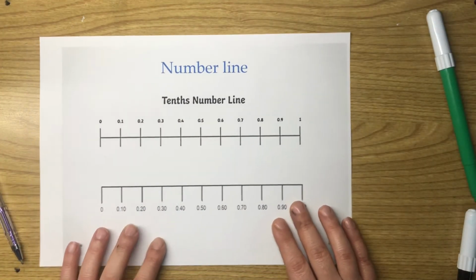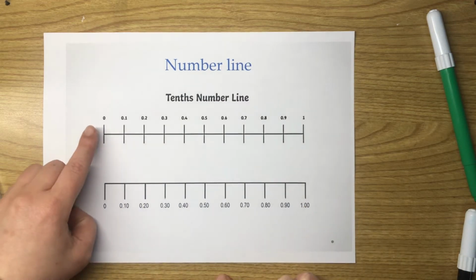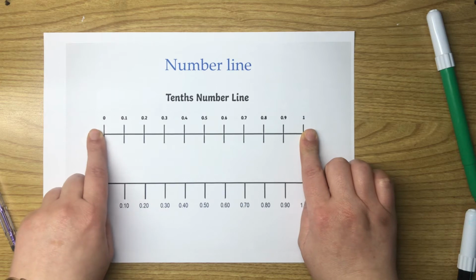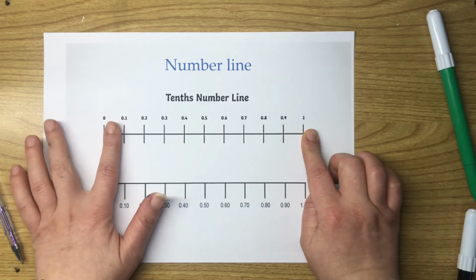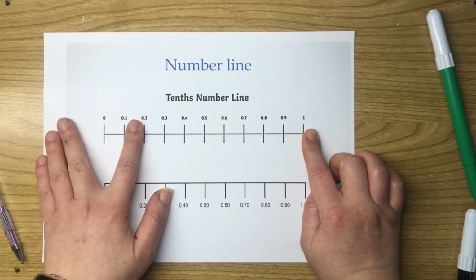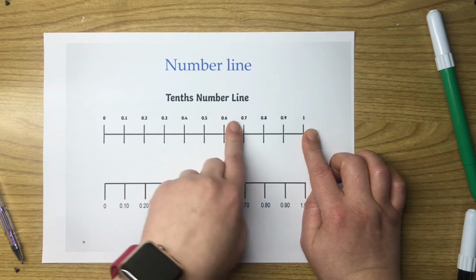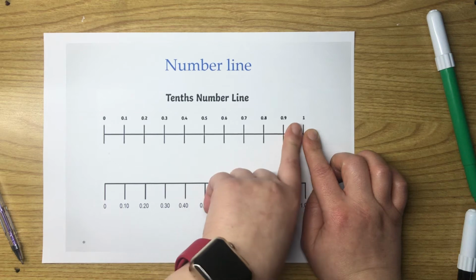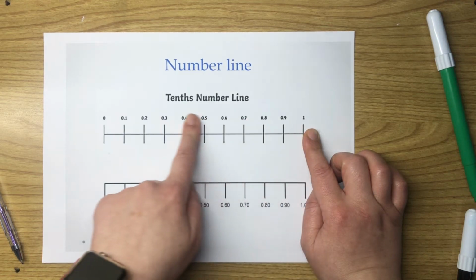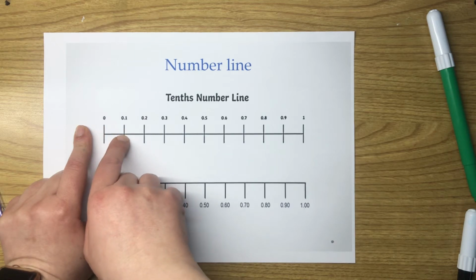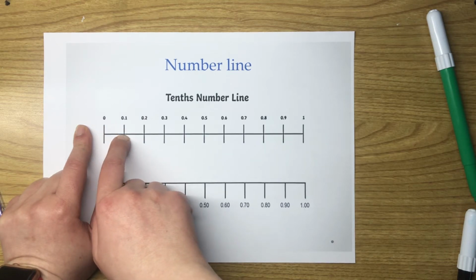After enlarging the distance between the 0 and the 1, it has been divided into 10 equal parts. Part number 1, part number 2, 3, 4, 5, 6, 7, 8, 9, 10 equal spaces, right? From 0 to the end of the first space is 0.1.